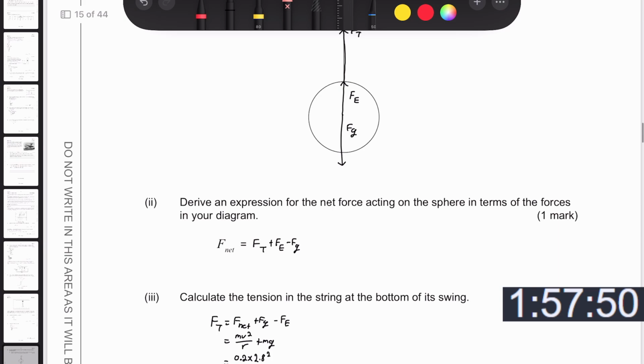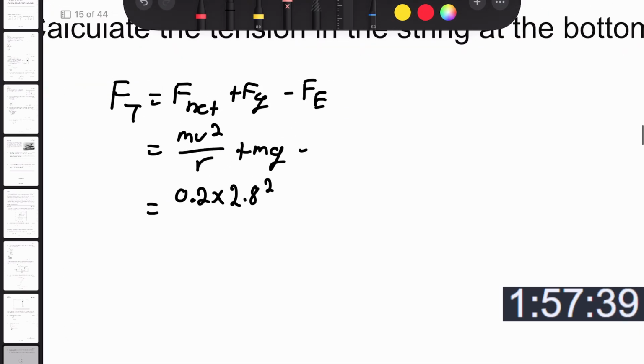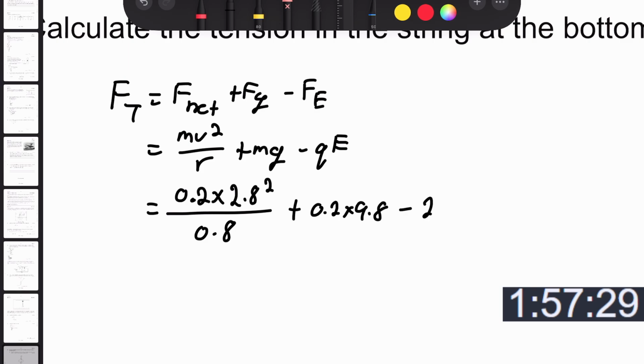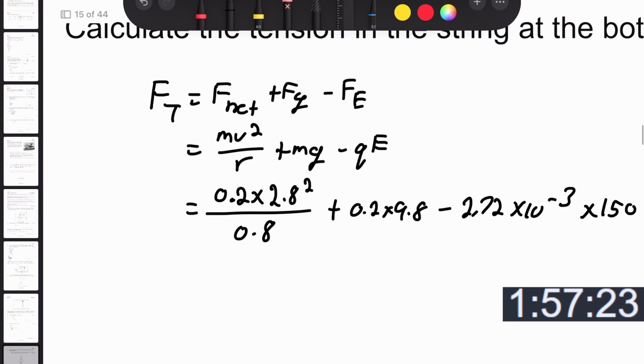Then minus QE. 0.8 plus 0.2 times 9.8 minus 2.72 times 10 to the negative 3 times 150.